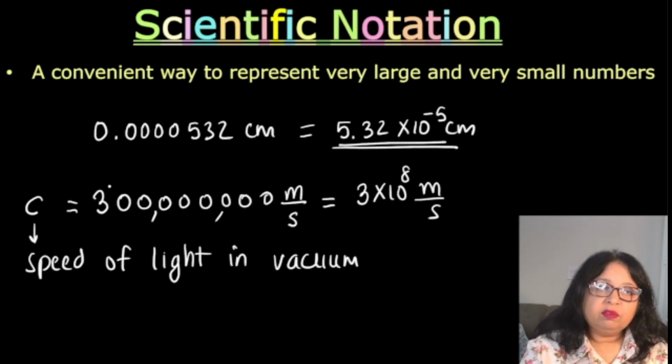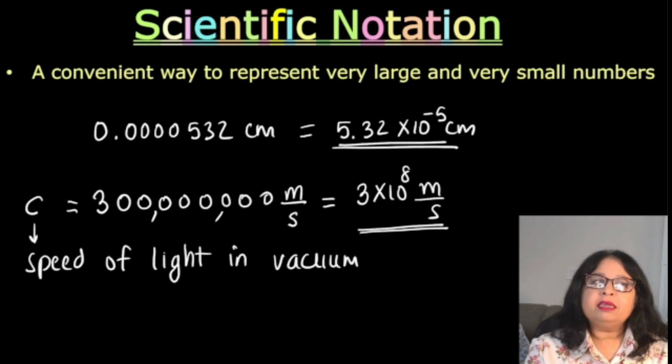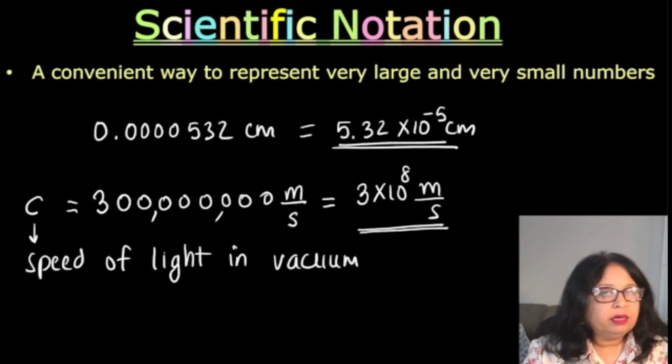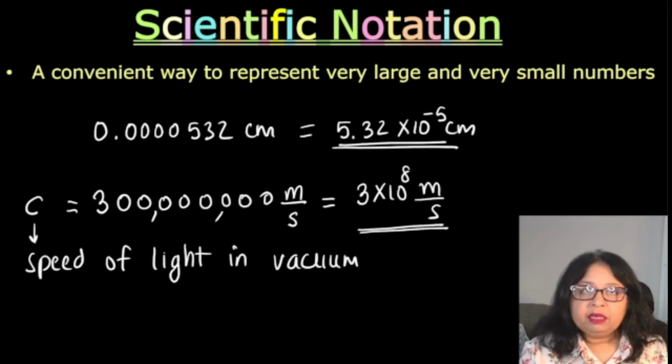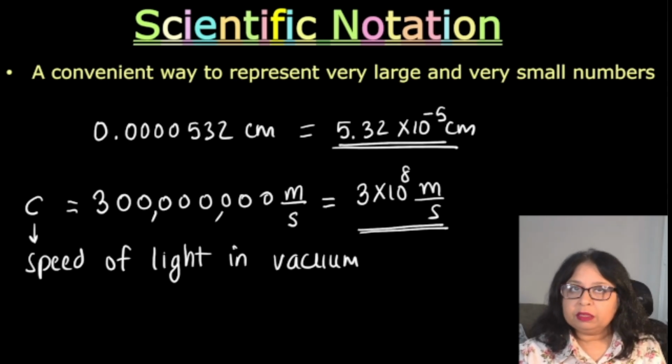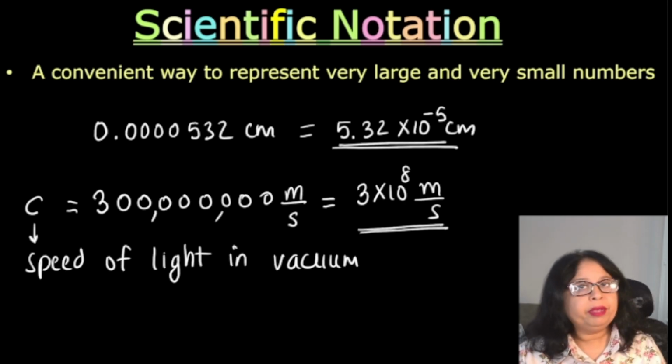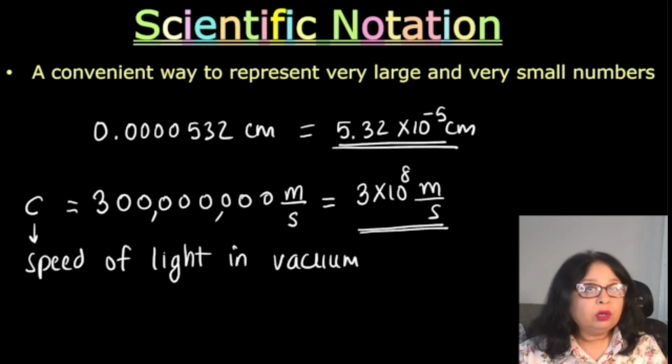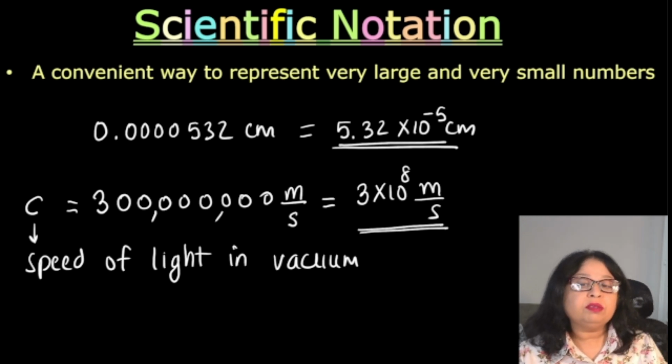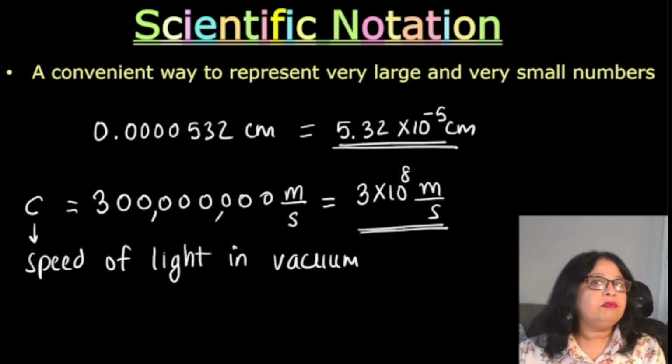And once again, you see that when I write the speed of light in scientific notation, it is quite compact. So it's very easy to carry out calculations when the numbers are written in scientific notation. They are compact, they are tidy, and make calculations much easier. You will see as the lecture progresses how scientific notation makes our life very easy.